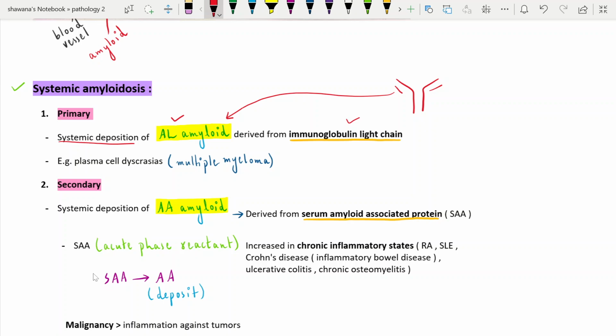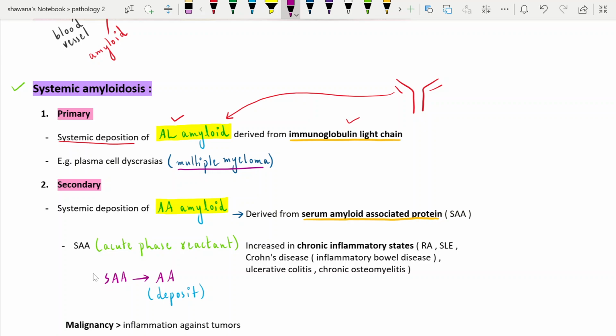For example, in case of plasma cell dyscrasias, which refers to diseases of the plasma cells in which the plasma cells are abnormal. For example, in case of multiple myeloma, there is excessive production of immunoglobulins by the plasma cells.